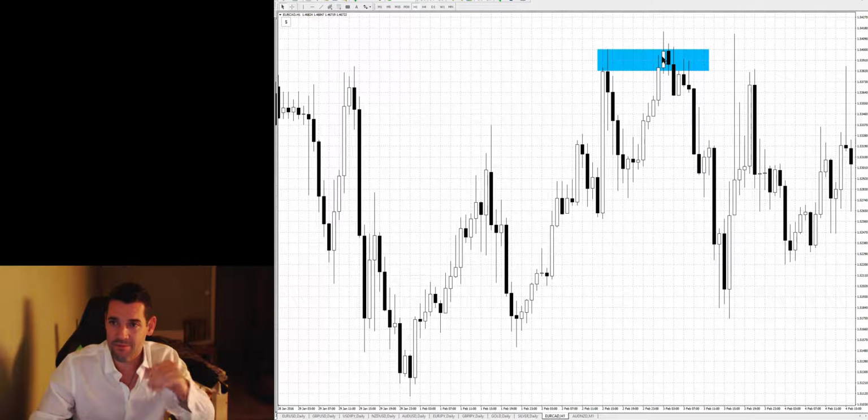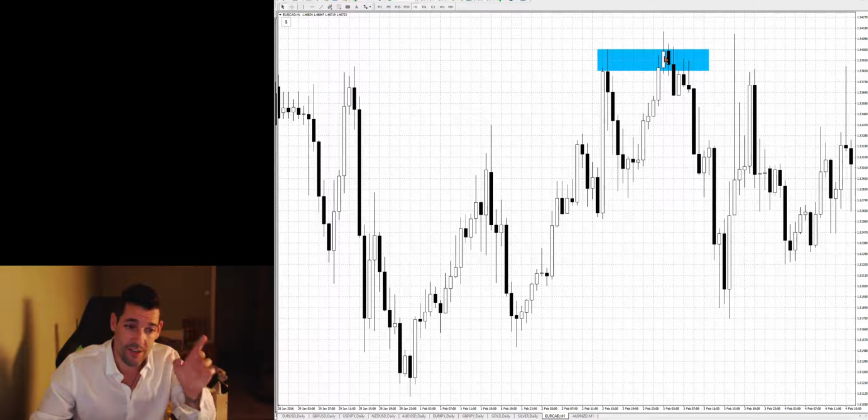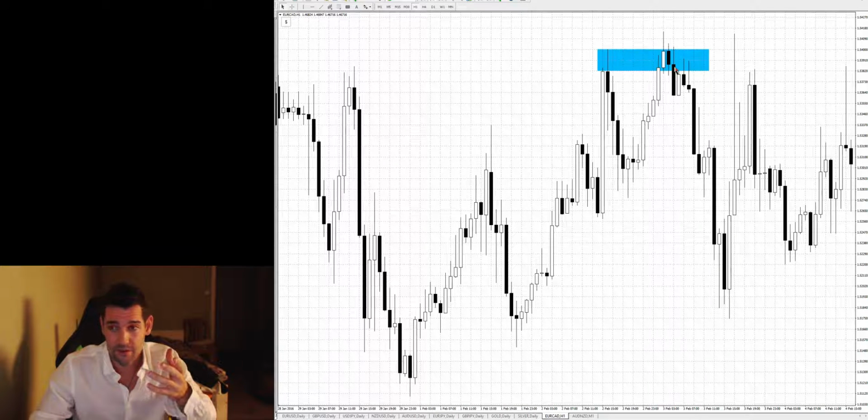Goes back up. Notice that it closes within the high. It does not close higher. That is telling me that, okay, but it's trying to go up. And we have something kind of looking like a pin and maybe kind of looking like a dark cloud cover, right? And price comes back down.